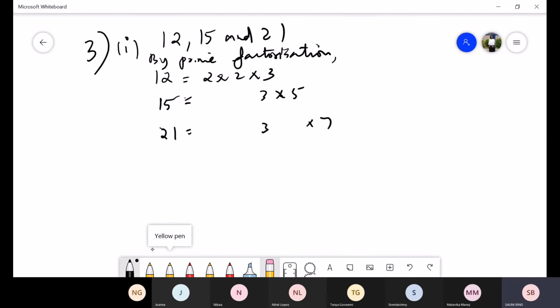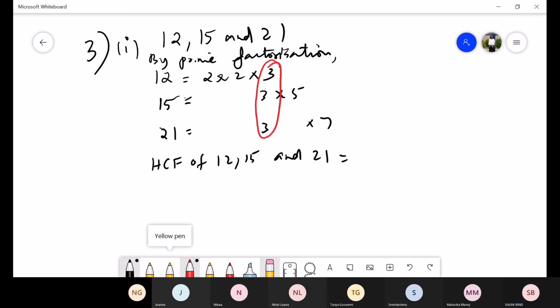And now we can find out the HCF of 12, 15 and 21. So what is common? 3 is common. So HCF is 3. Now LCM of 12, 15 and 21.